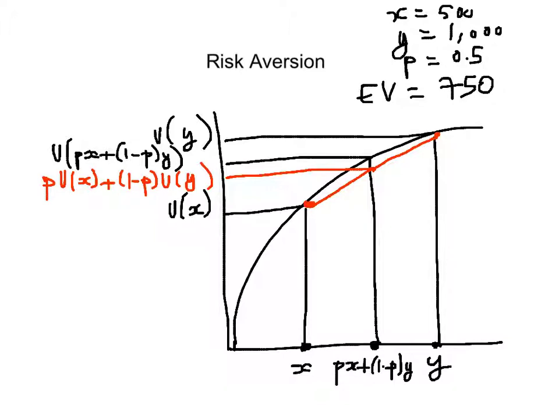Risk aversion is simply the idea that the expected utility of the gamble, that number that we've just looked at right here, is going to be less than the utility of getting for sure the expected value of the lottery. So let me rephrase this.